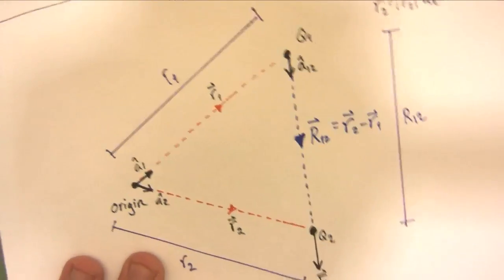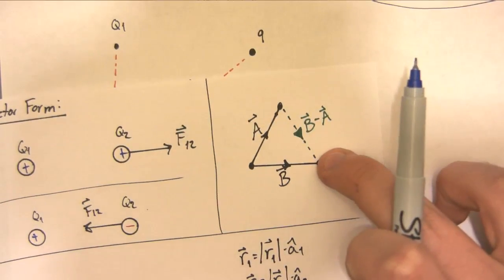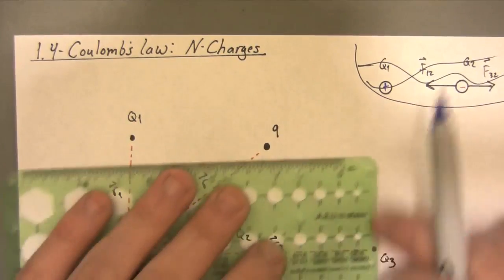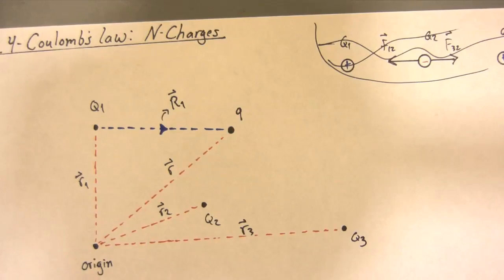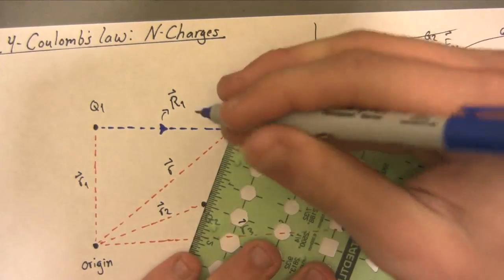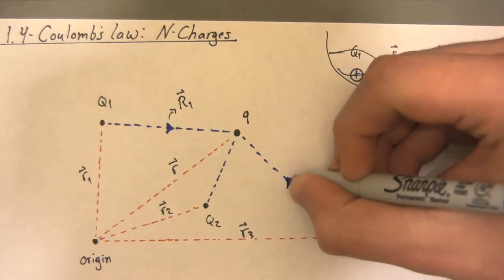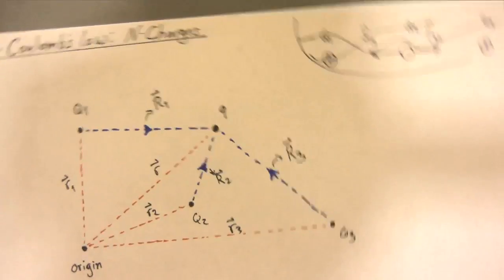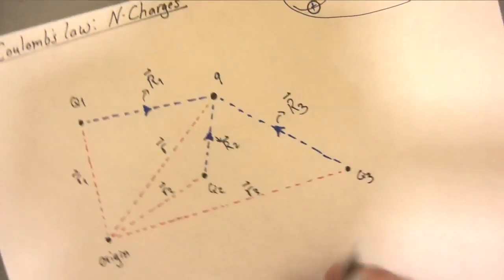I know I keep bringing him up, but it's the difference of the vectors, leading to the point of interest. I'm going to do the same thing. I'm going to call this big R1. I'll assign values, what he means, in a minute. I just want to draw the pictures real quick. Now, we want to know what his actual value is.